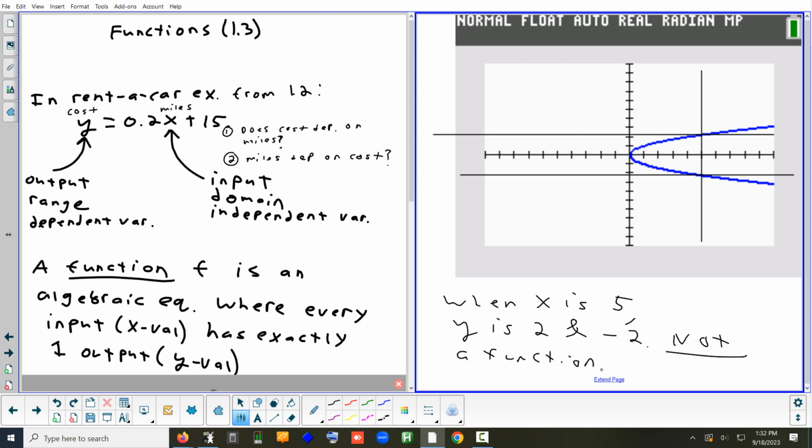You gave me one number as the input, 5, and there are 2 values in the output, 2 and -2. And you can tell it fails the vertical line test. That's another reason why it's not a function.